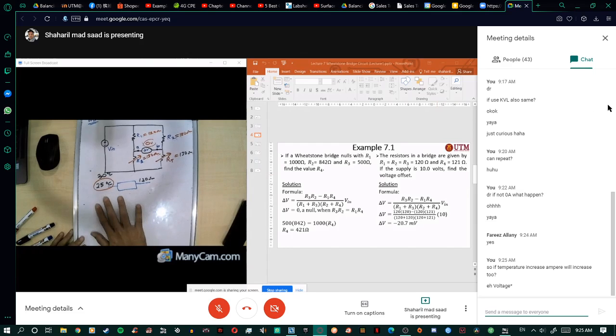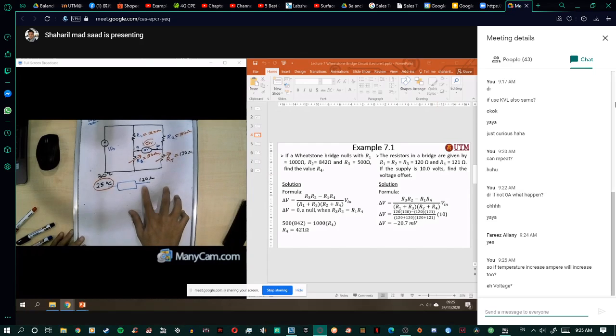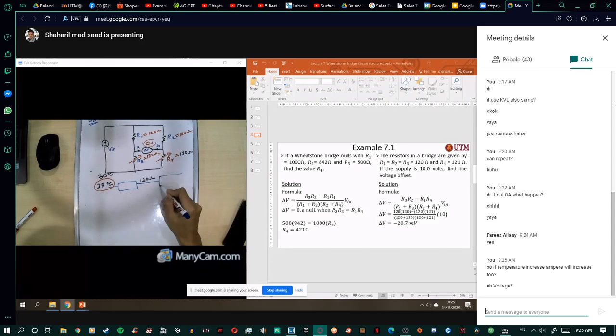In this case, your transducer output is in terms of resistance, ohm. So after you have the Wheatstone bridge, you will look into what we call the voltage. Okay, good. So this is your Wheatstone bridge.